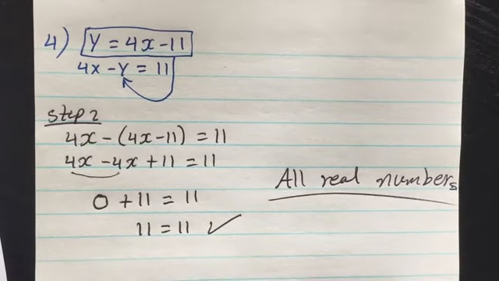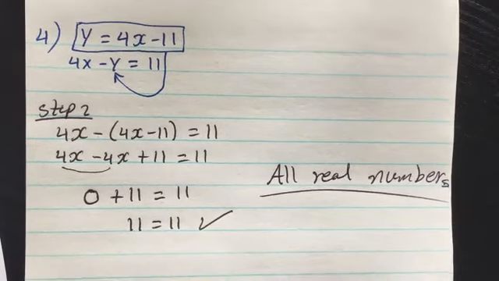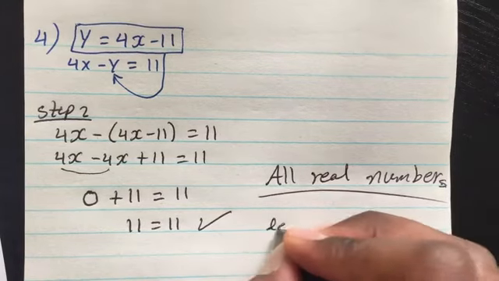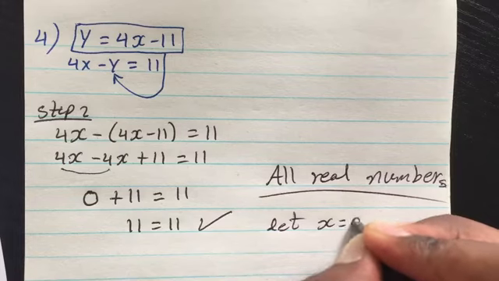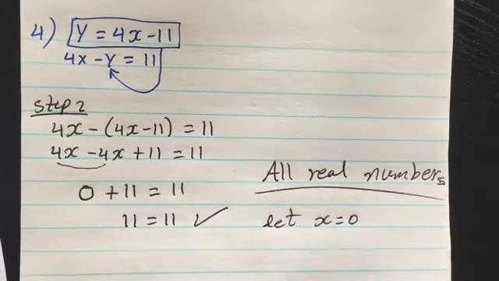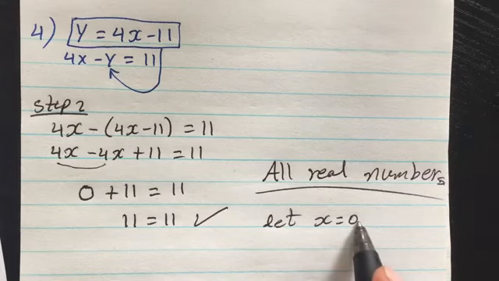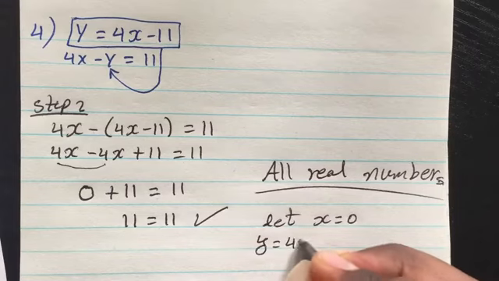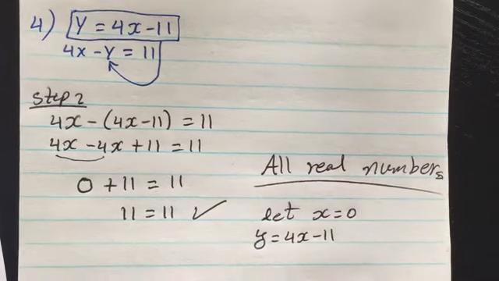For example, if you want one solution, you can just let x be equal to 0 and figure out what y is equal to. So if x equals 0, what is y equal to? Well, we know y equals 4x minus 11.